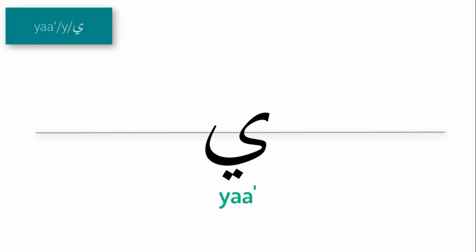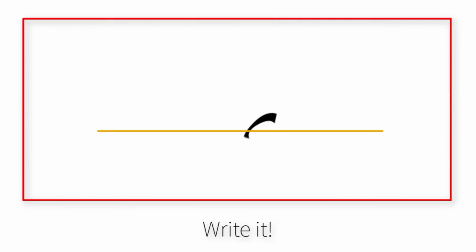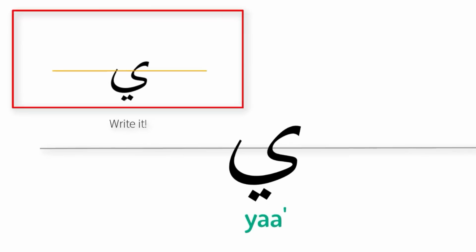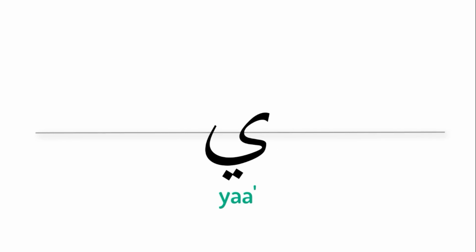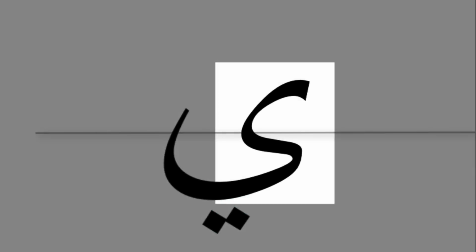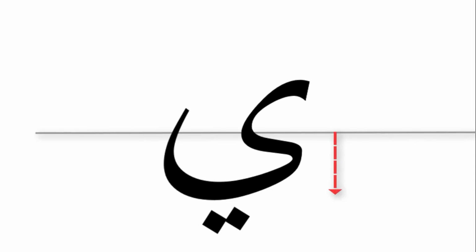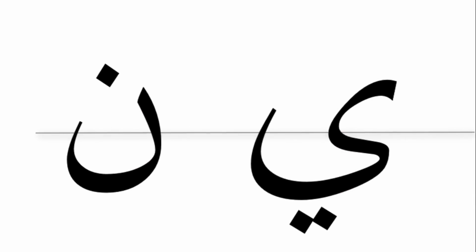The final letter that we have in this group is called ya. The ya begins with what looks identical to the letter S, and then extends below the line, and then comes back up again, much like the noon.